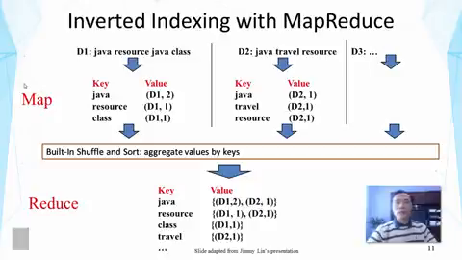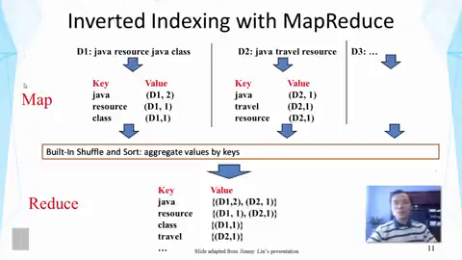Now, similarly, another document D2 can be processed in the same way. So in the end, again, there is a sorting mechanism that would group them together. And then we will have just a key like Java associated with all the documents that match this key, or all the documents where Java occurred, and their counts, right? So the counts of Java in those documents will be collected together, and this will also be fed into the reduce function.